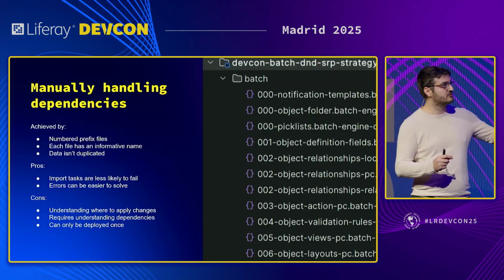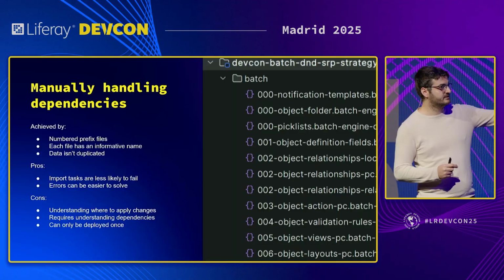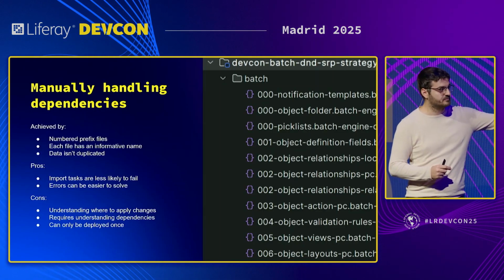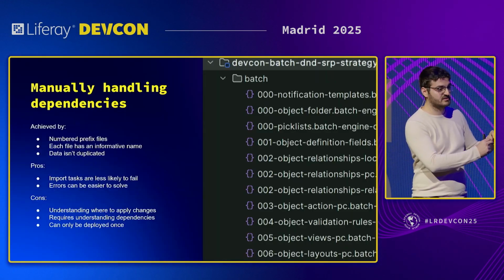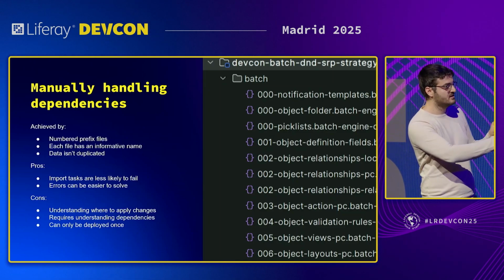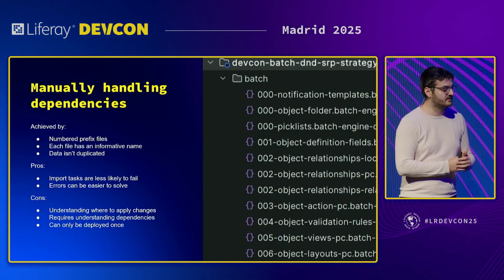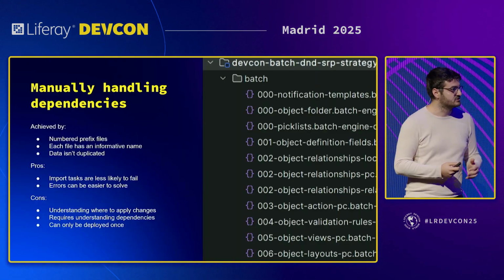Because when you have an error, it will tell you the class name. If you are, for example, working with object relationships, it will tell you that it is failing on an object relationship, and it will tell you the class name, and it will also tell you that it is failing with the external reference code of that object definition.